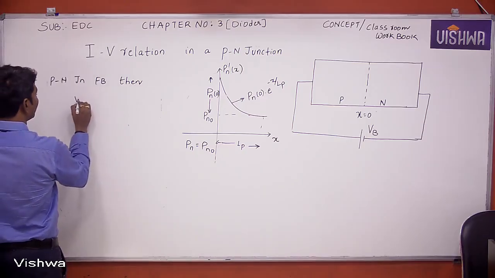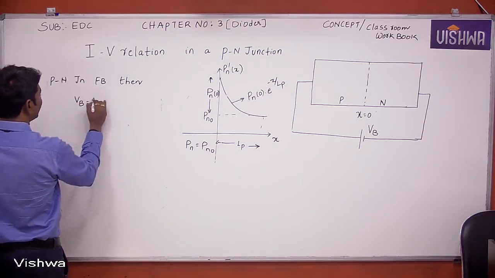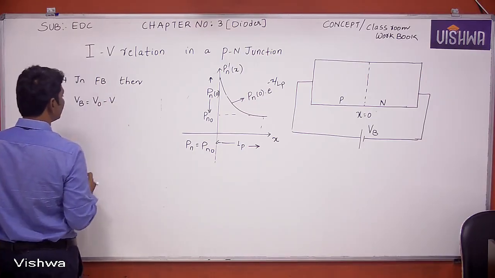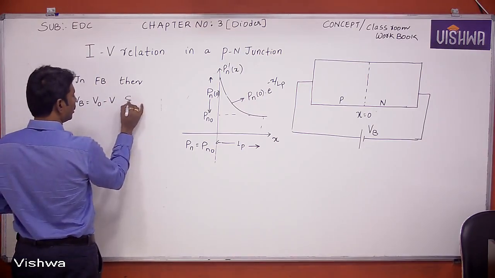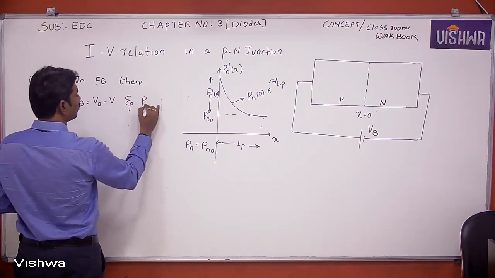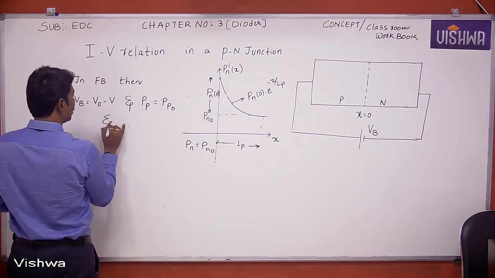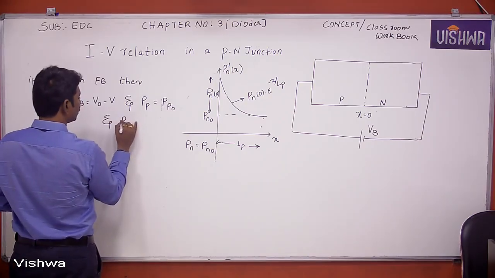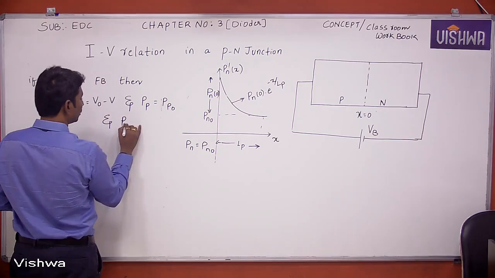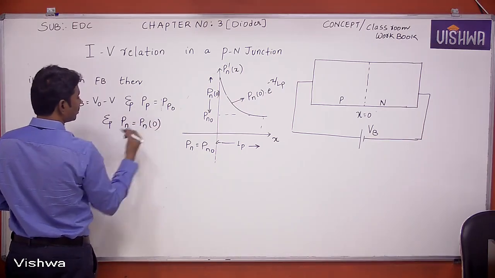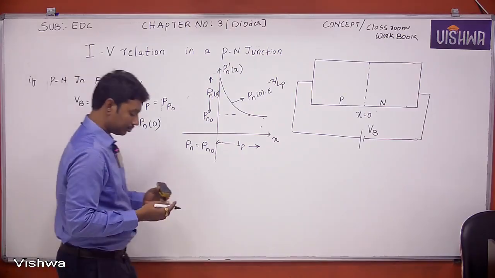In case of forward bias, what is VB, the net barrier potential? Net barrier potential is nothing but VB equal to V0 minus V. And PP is nothing but PP0. And Pn is nothing but Pn of 0. Am I correct or not?